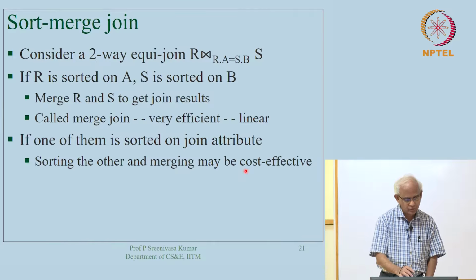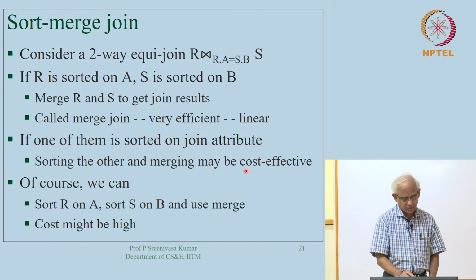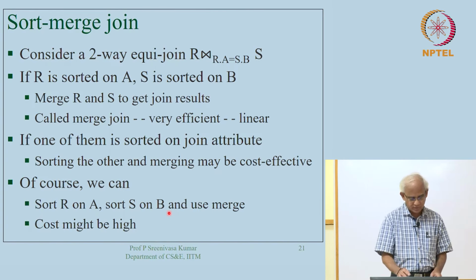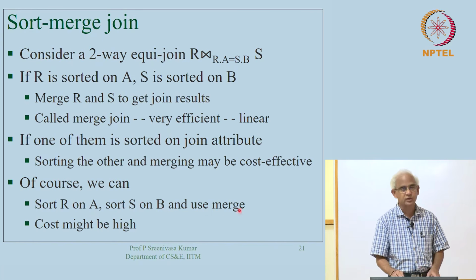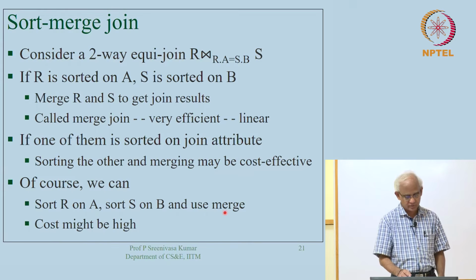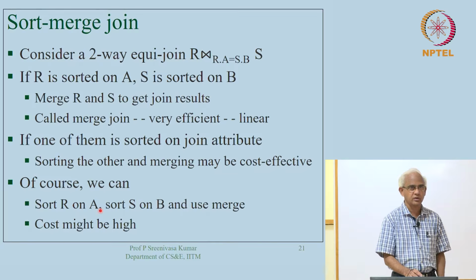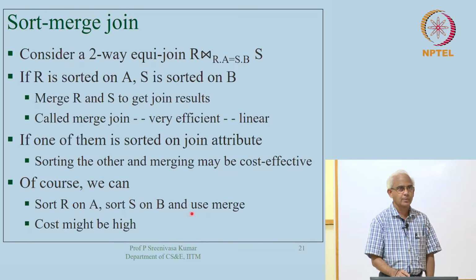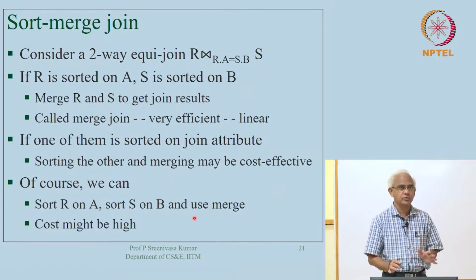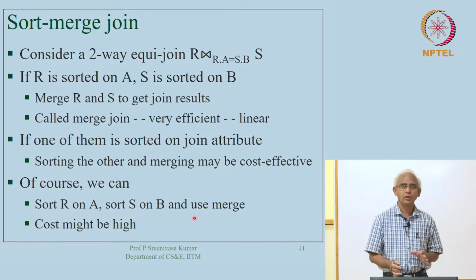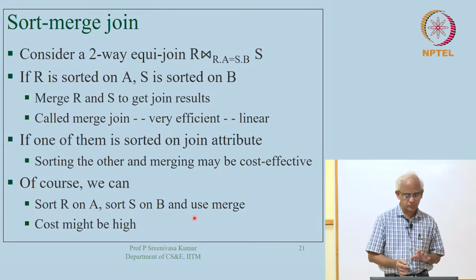Of course, you can make use of this sort merge join on any two data files, by first sorting R on A and sorting S on B and then using a merge. But that is likely to be costly because, as we have seen, sorting itself is a costly operation. So, these are the various options that we have while producing joins.